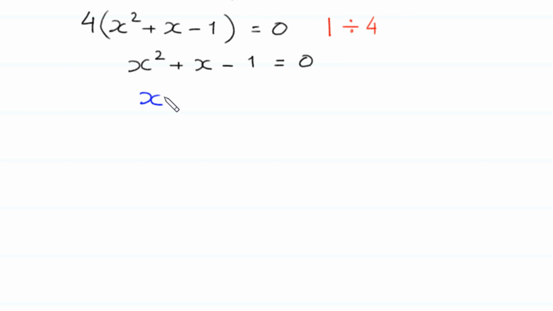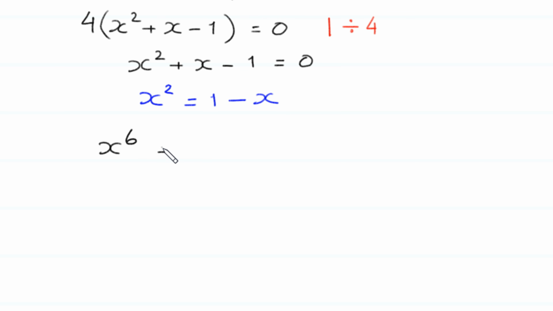Next, x square is equal to, we move this negative 1 and this plus x to the right side, 1 minus x.